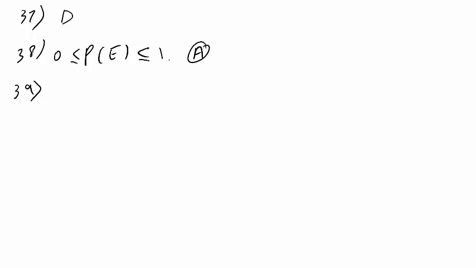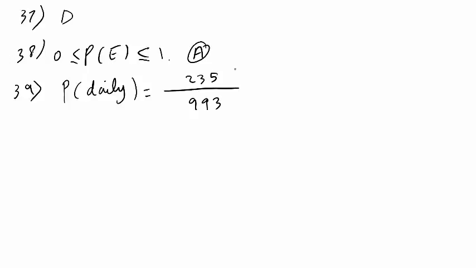So we need the probability of daily. By definition of probability, guys, it's the number of favorable outcomes divided by the number of possible outcomes. Since we're selecting one at random, it's going to be out of the 993. Now, in the numerator, you have to put the number of outcomes that work in your favor. For daily, we have 235. So that will be 235 over 993.